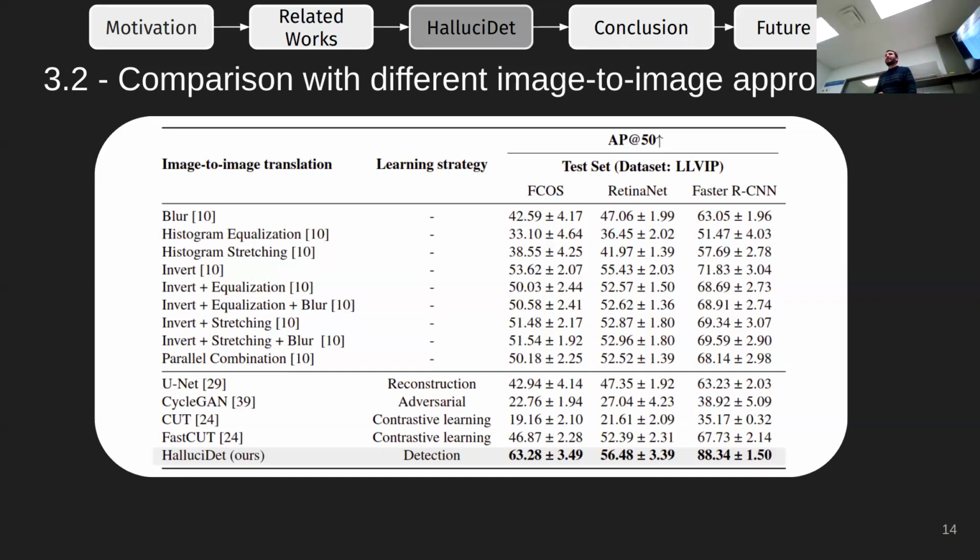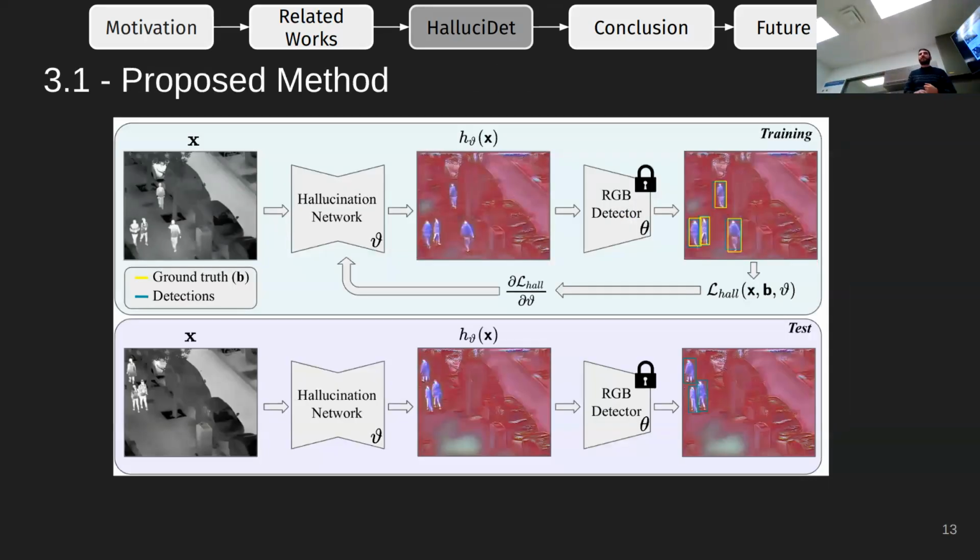And also for the last question, for your translation network, what type of constraint do you use for preserving the edges of the output image relative to the input image? Here I don't use regularization on the image.